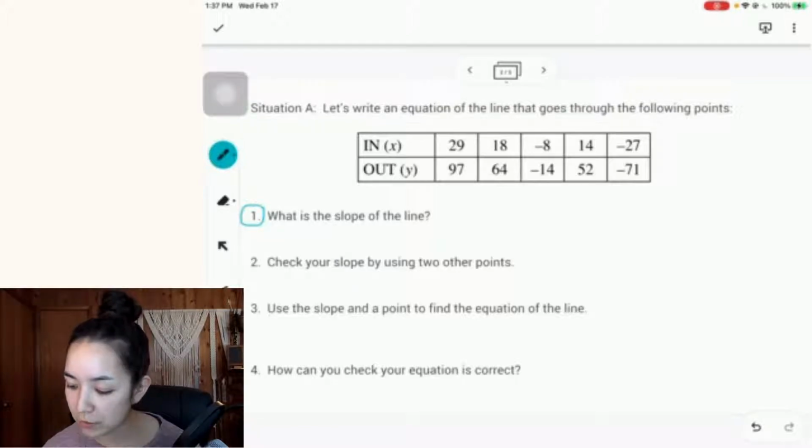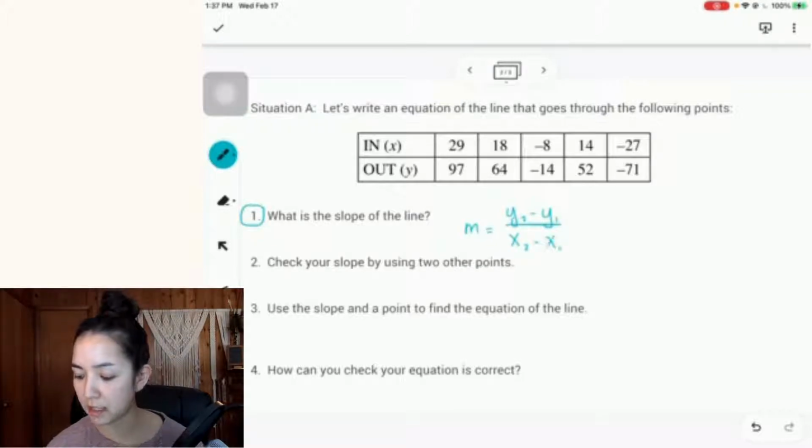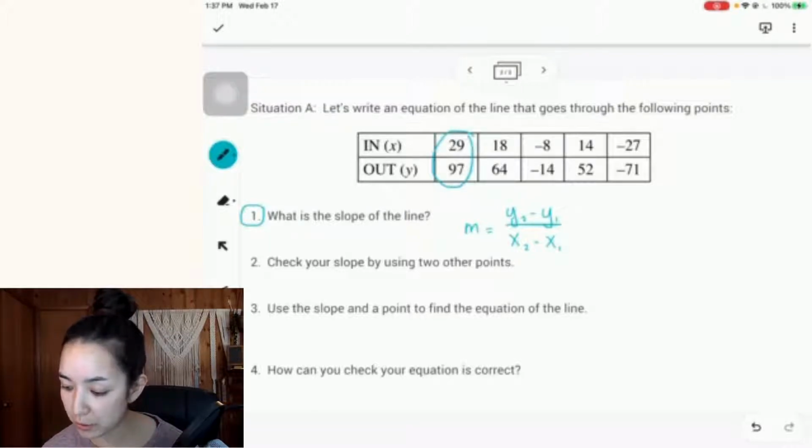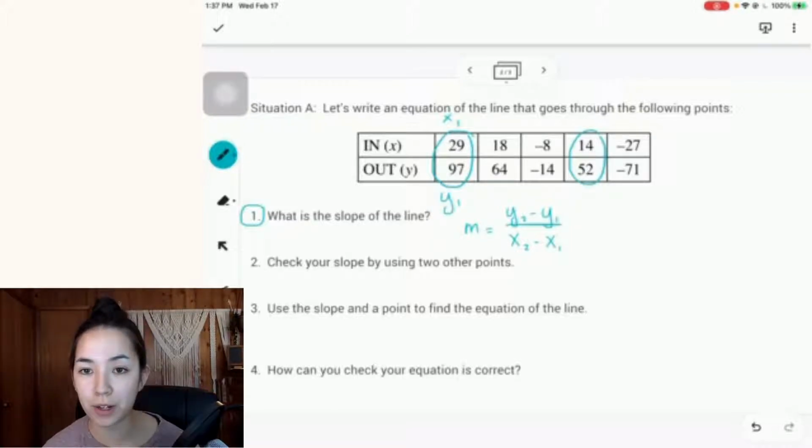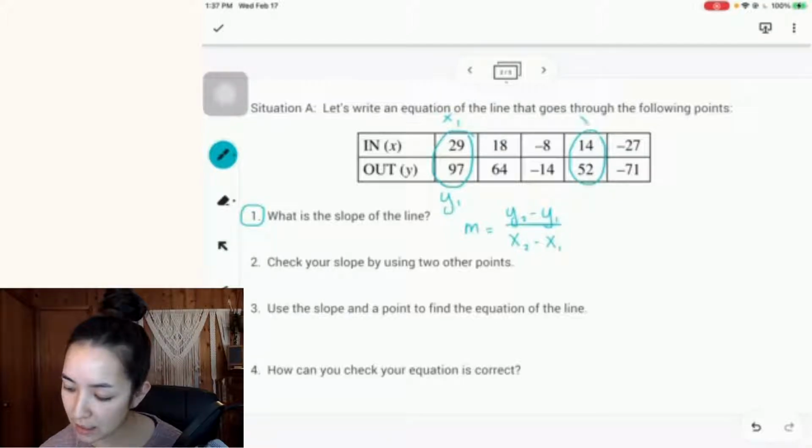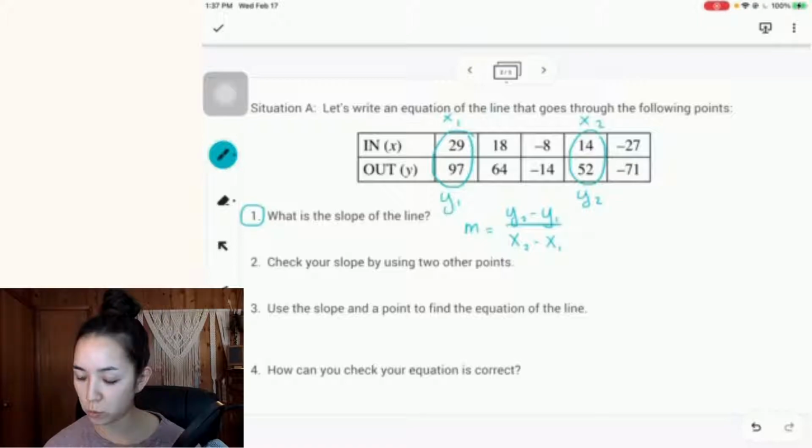Well, we could figure that out by picking 2 points and using our equation: y2 minus y1 over x2 minus x1. So I'm going to pick 2 random points, and I'm going to say this is x1 and y1, and this is x2 and y2.